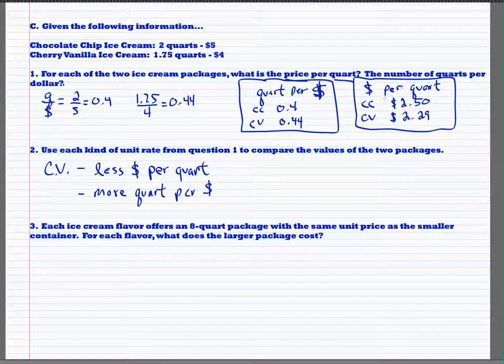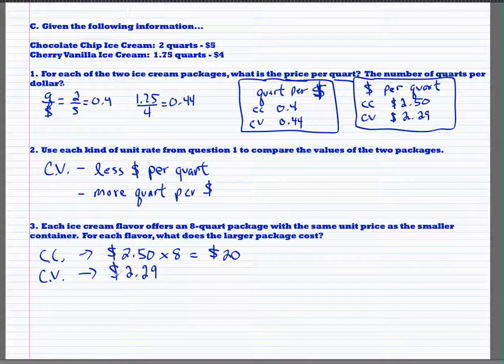So going back up here, the unit price for each container, the chocolate chip, the unit price was $2.50 per quart, and the cherry vanilla was $2.29 per quart. So if this is the price for 1 quart of chocolate chip, the price for 8 quarts would be this times 8, which gives me $20.